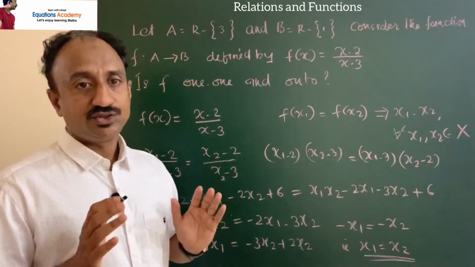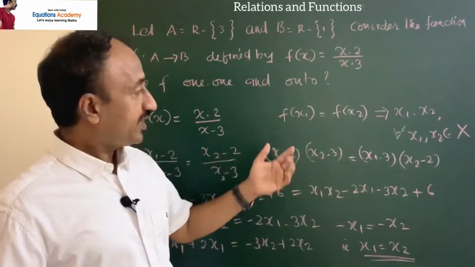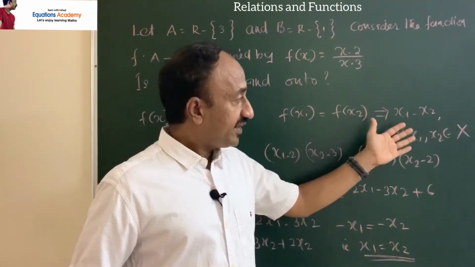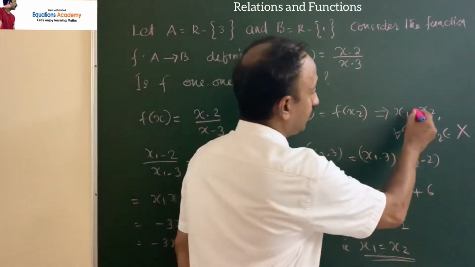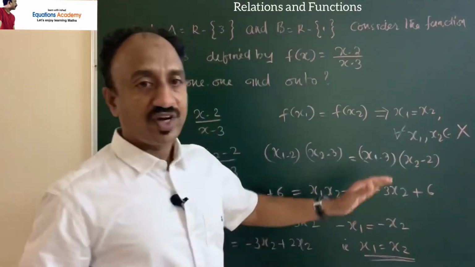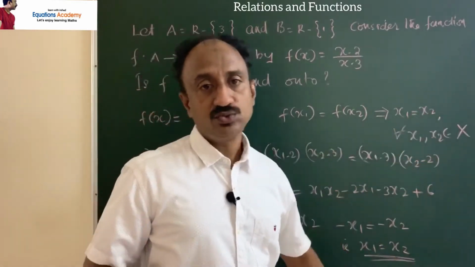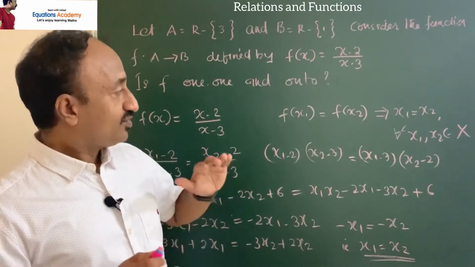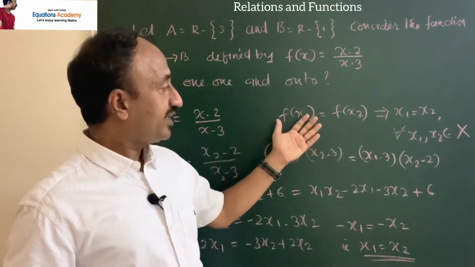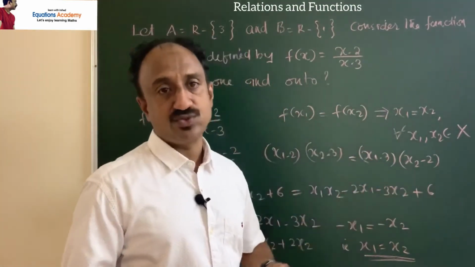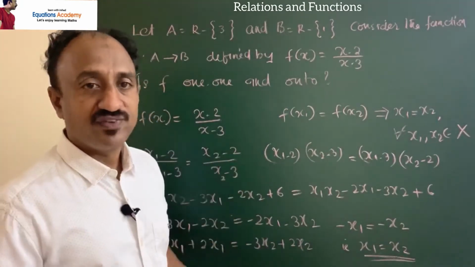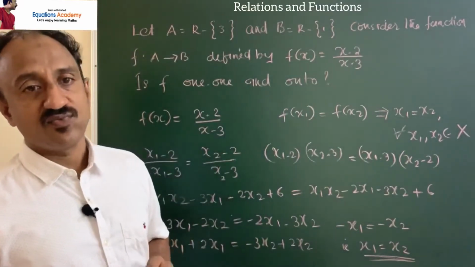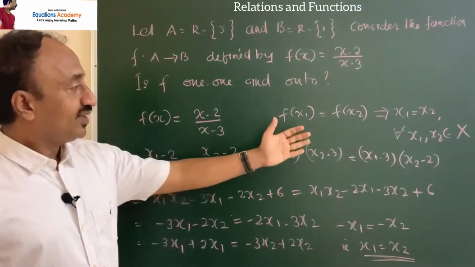A function to be one-one, the condition is f of x1 equal to f of x2 implies x1 equal to x2 for every x1, x2 belongs to the set X. So first we will take f of x1 equal to f of x2, then we will prove x1 equal to x2. If x1 equal to x2, then it is one-one. We'll go to the problem.